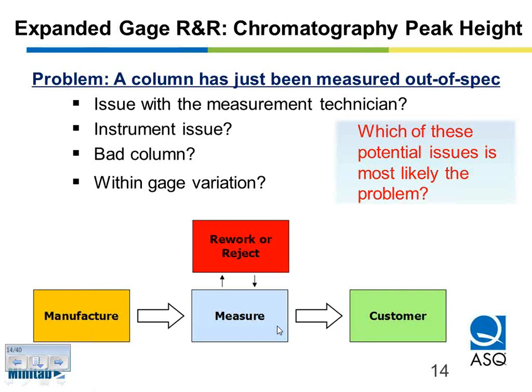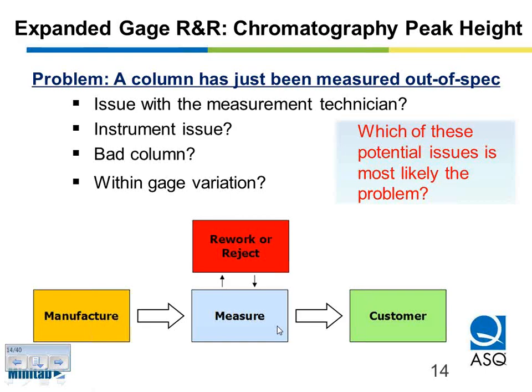If they take that measurement and it is out of spec because it's a bad column, well then, congratulations, we did what we're supposed to be doing. We eliminated a poorly performing part from getting to our customer.